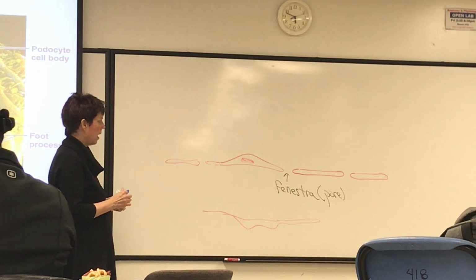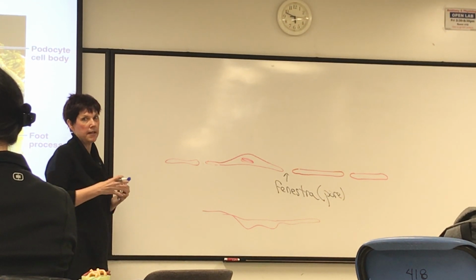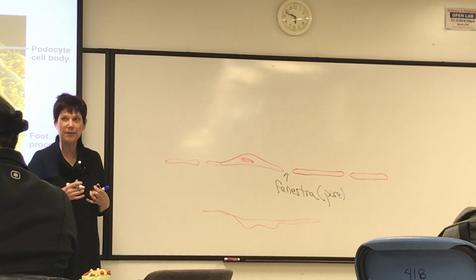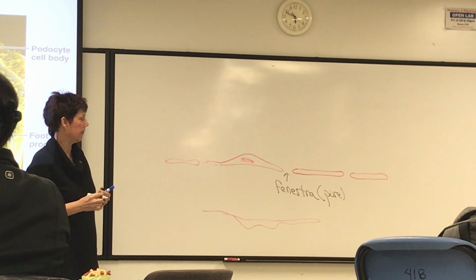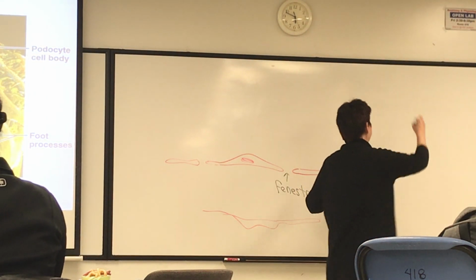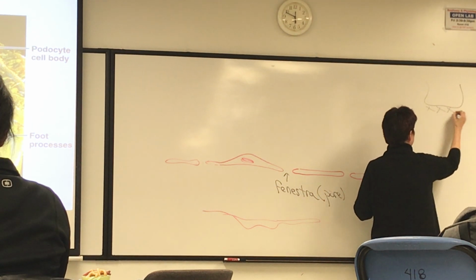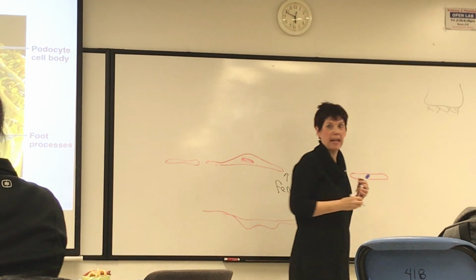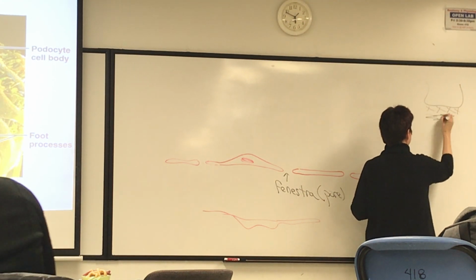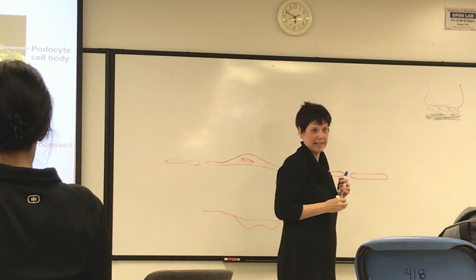Now, as you recall, the epithelia has on its basal surface a basement membrane. That's one of our characteristics of all epithelia. If we have our typical epithelial cell here, we have a layer of the basement membrane made by proteins of the epithelium, and we have a layer of basement membrane made by proteins of the connective tissue, the fibroblasts.